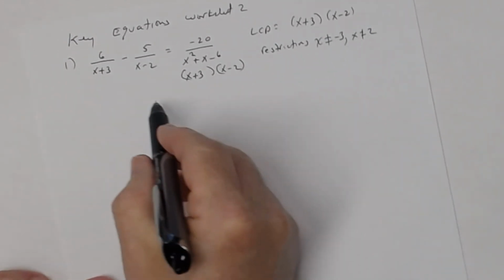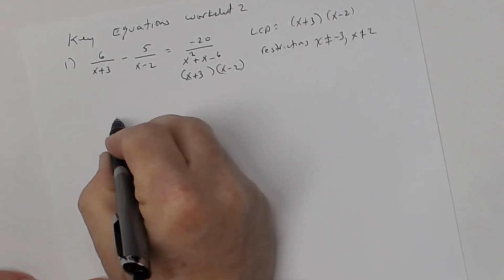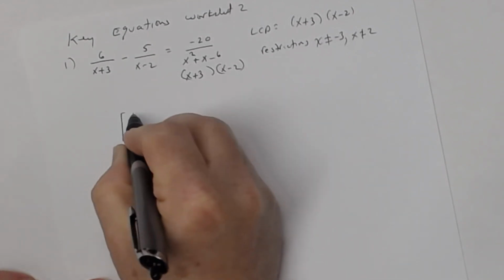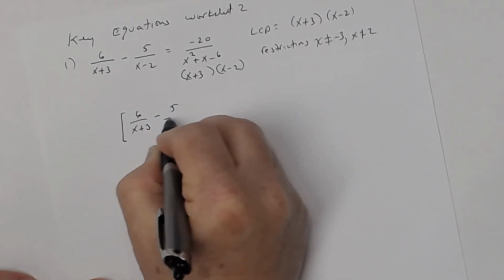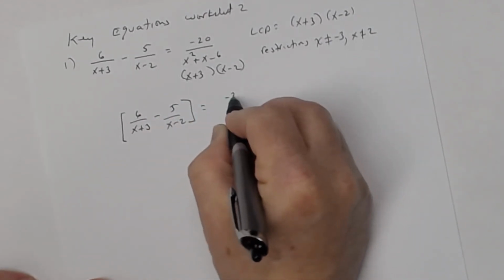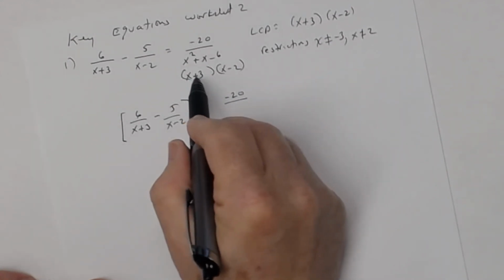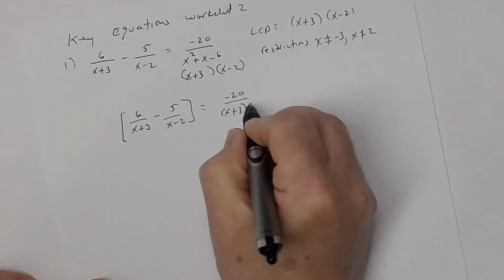So let's go ahead. On the left-hand side there are two fractions, so I'm going to put that in brackets. I have 6 divided by x plus 3 minus 5 divided by x minus 2 equals negative 20 divided by, and always use the factored part here, x plus 3 times x minus 2.